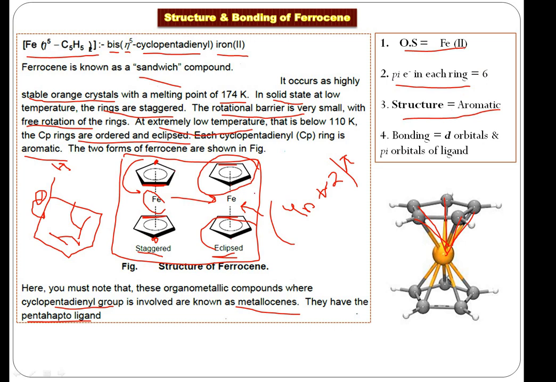As far as the bonding is concerned, it is basically the d orbitals on the metal and the pi orbitals on each carbon. These two structures are flexible, so ferrocene can show the staggered as well as eclipsed conformation. It's just a matter of temperature. The energy barrier is very, very small. So this is all we have for ferrocene as far as the basics are concerned.